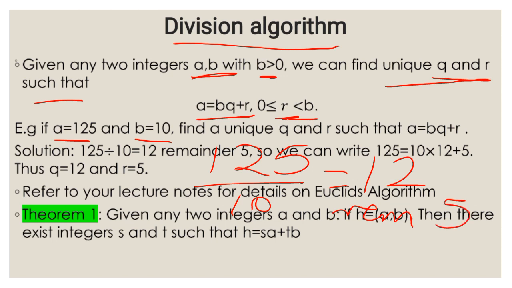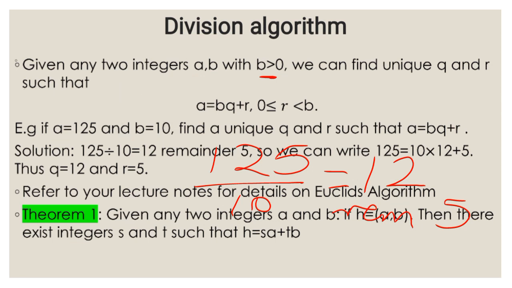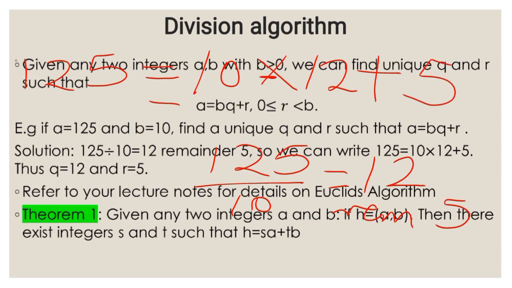So based on what we've just done, I can write 125 to be equal to 10 times 12 plus the remainder 5. Is that true? Because this is the same as 120 plus 5, and these are the same.